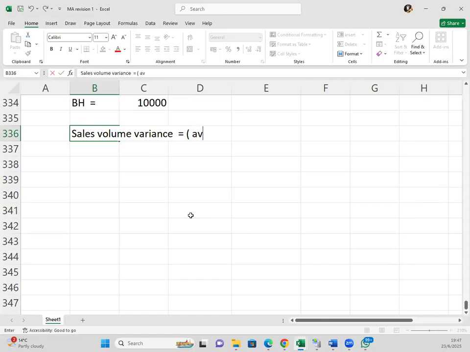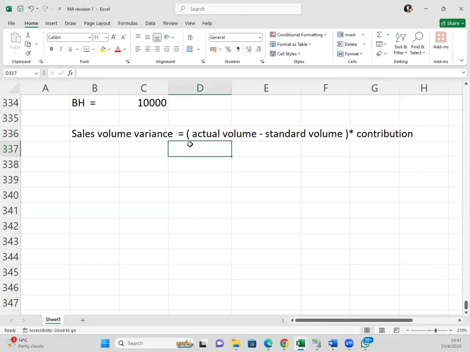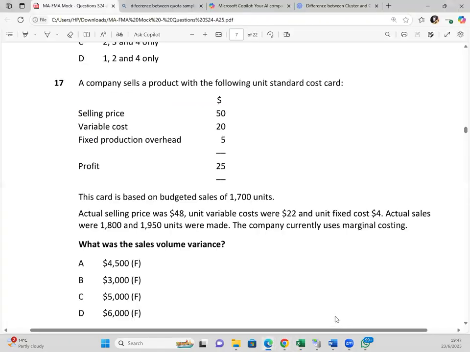So we start with the actual volume minus the standard volume times the contribution. Let's check how many units we actually sold against what we were targeting, times the contribution.